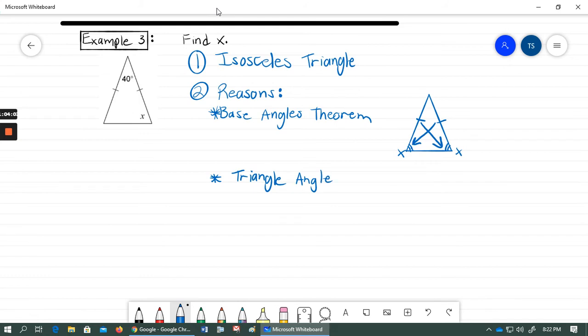The triangle angle sum theorem says that all three of those interior angles have to add to give us 180 degrees.